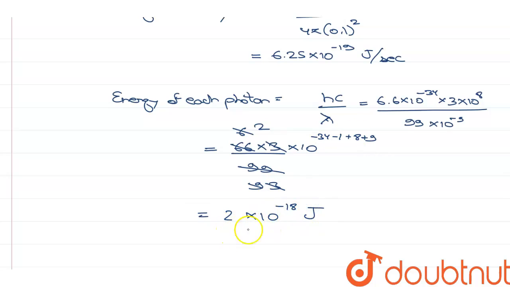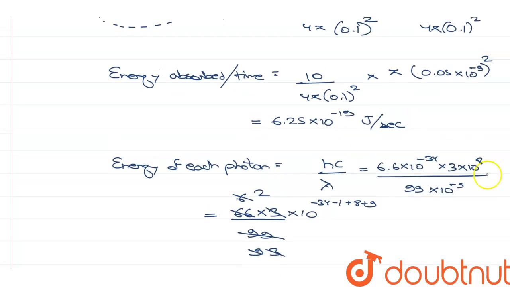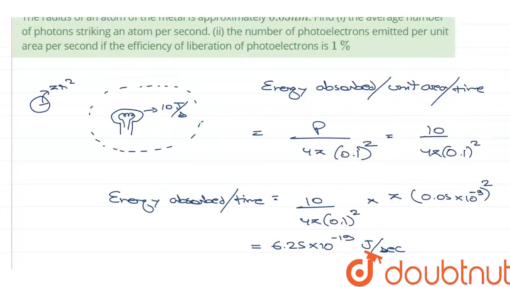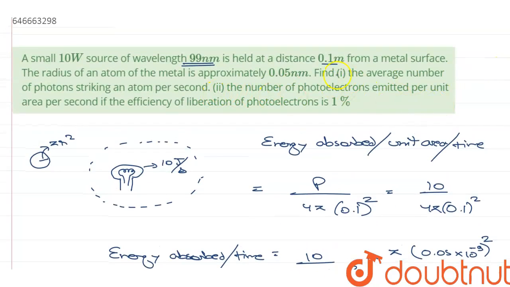So this is the energy of each photon, and this is the energy that is incident per unit time on the metal surface, and we have to find the average number of photons striking an atom per second.